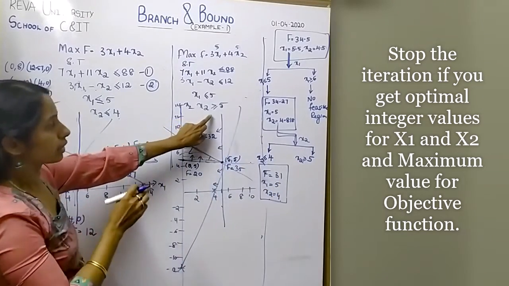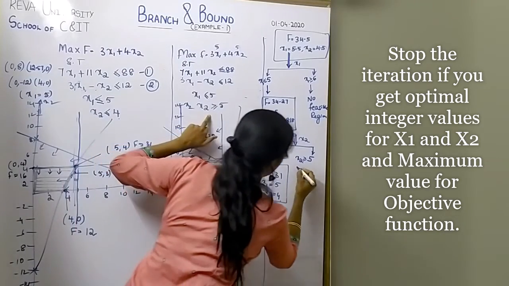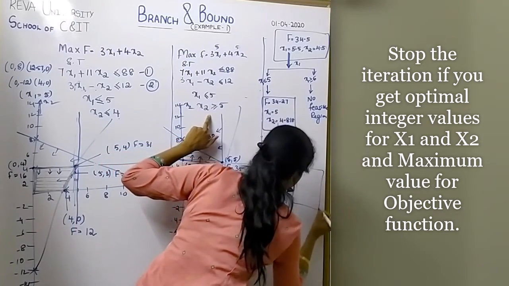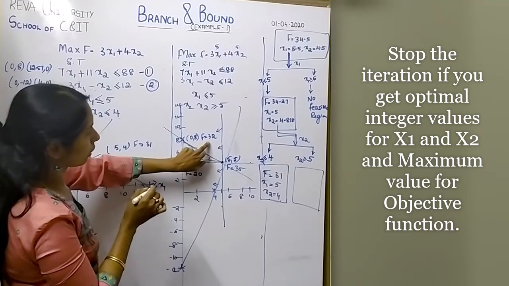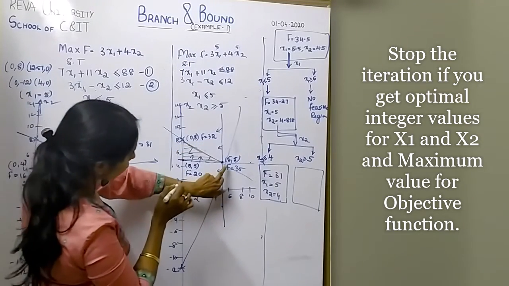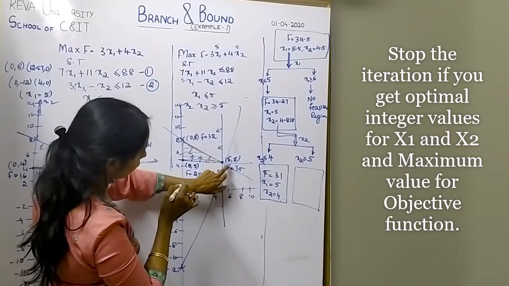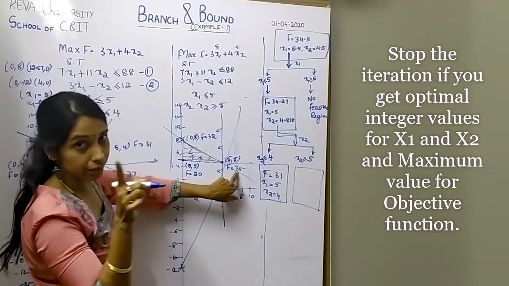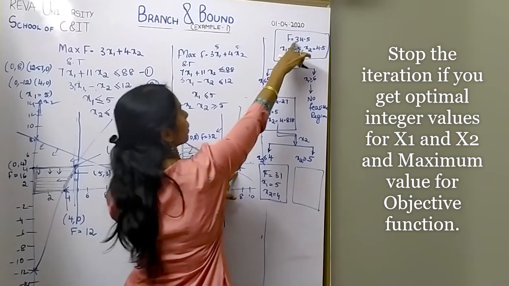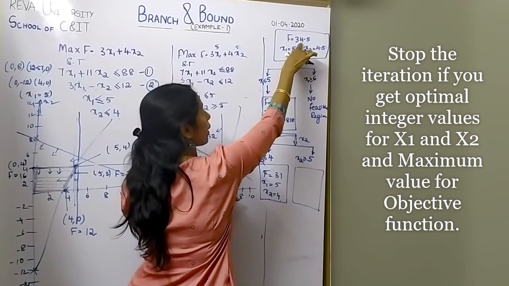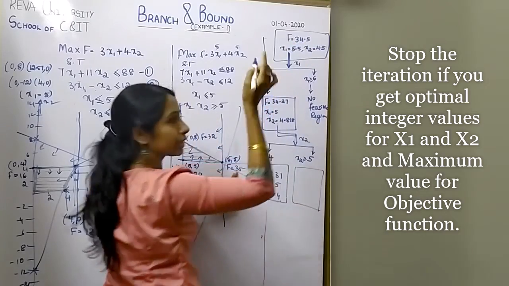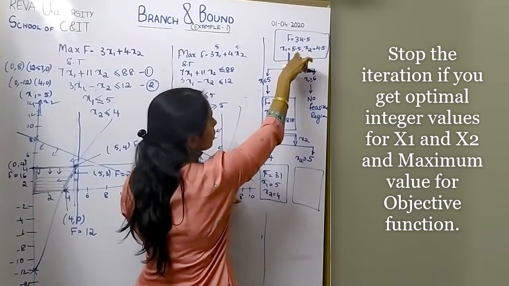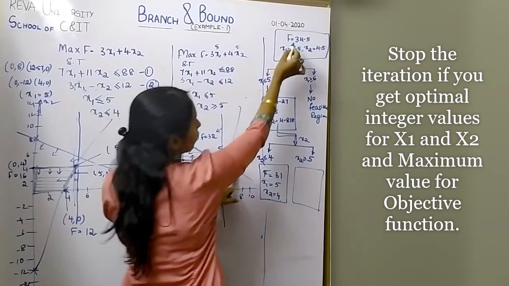If I consider x2 greater than or equal to 5, what values will I get? Here 0, 8, f value will be 32. And here 5, 5, f value will be 35. But from the first equation, the expected objective function is not in terms of integers, so 34.5.